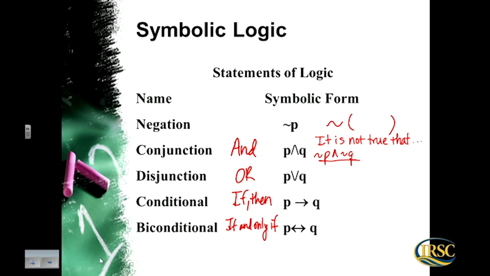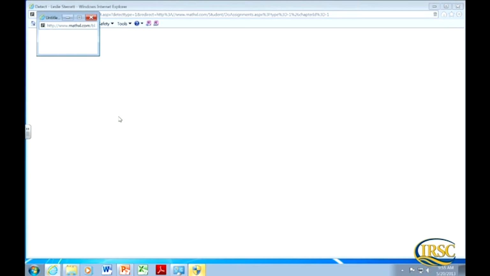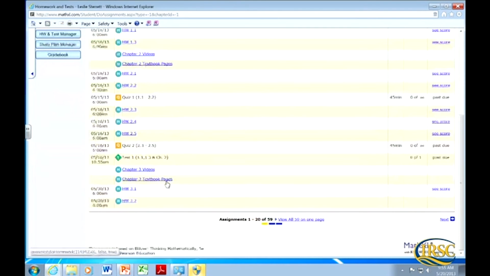Or if you see the words in a sentence, it is not true that, and then you have a compound sentence coming after that, then to put it back to symbols, you want to use that negation in parentheses, and then whatever the compound is that follows fits inside those parentheses. Hopefully we'll see some of those examples here in a second. Okay, so let's take a look at some examples from MyMathLab.